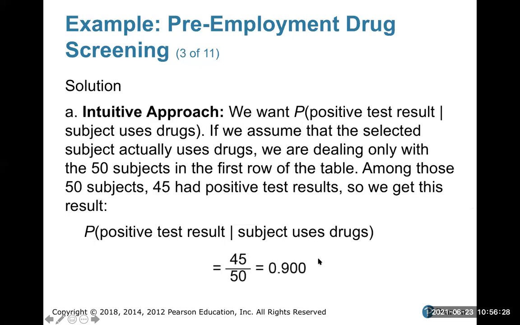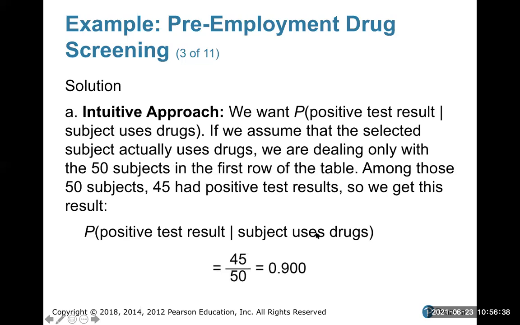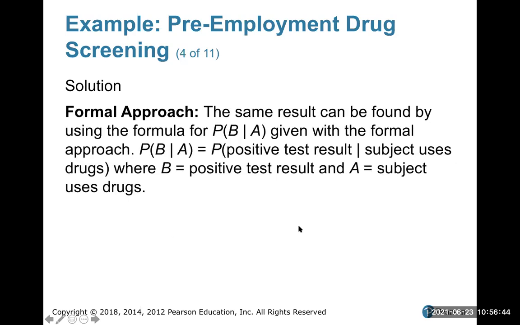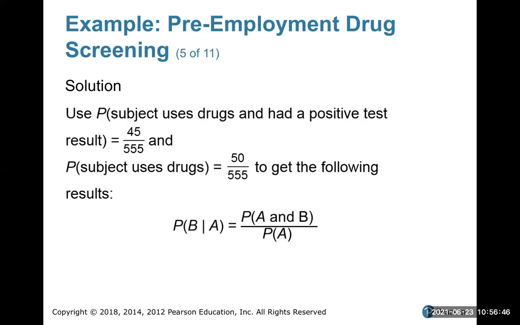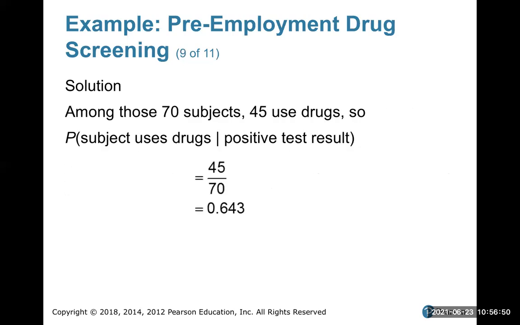So you look at the total of those who use drugs. You use the total from the things coming after given. So you can always just look at the table and come up with those results.